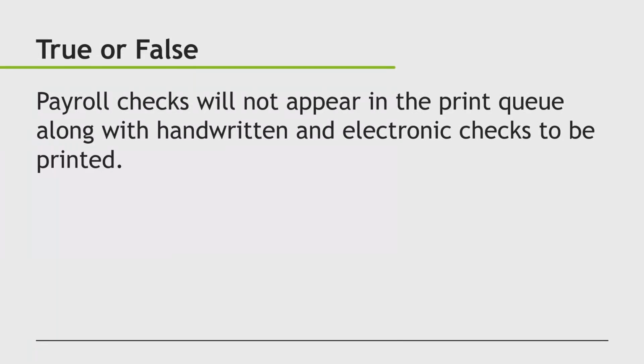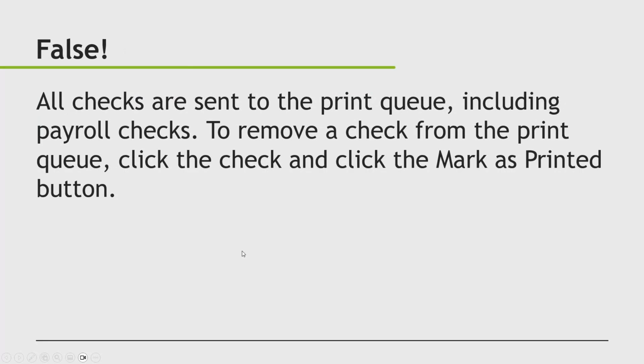Okay. Give everyone just another moment or so. All right, looks like I've got an answer from most everybody here. I'm going to close the poll. It looks like the majority of us said false on this one. So we're going to go ahead and see. And exactly right, it is false. All checks are sent to the print queue, including payroll checks.